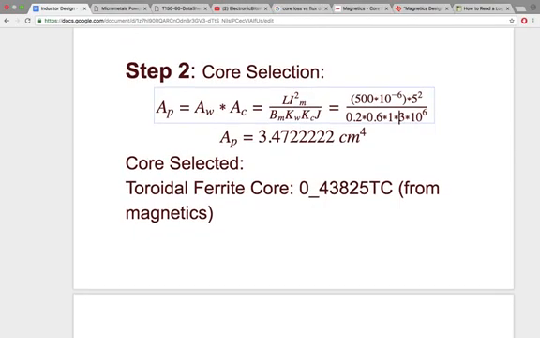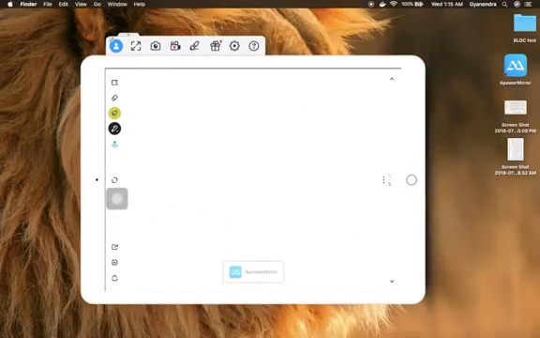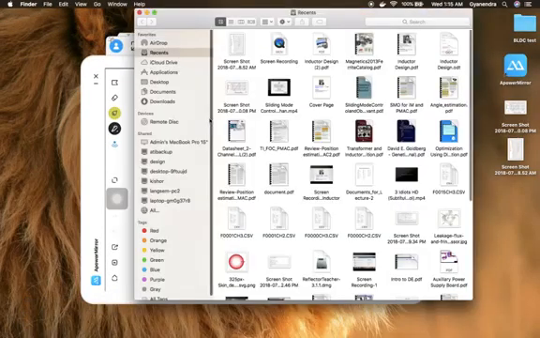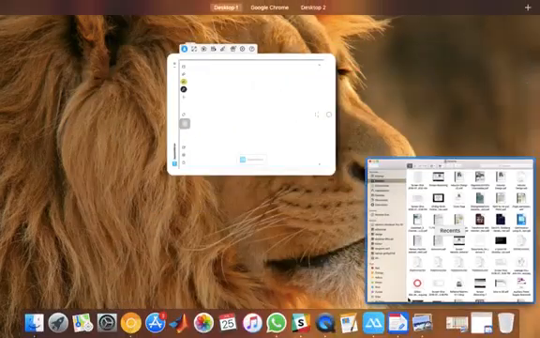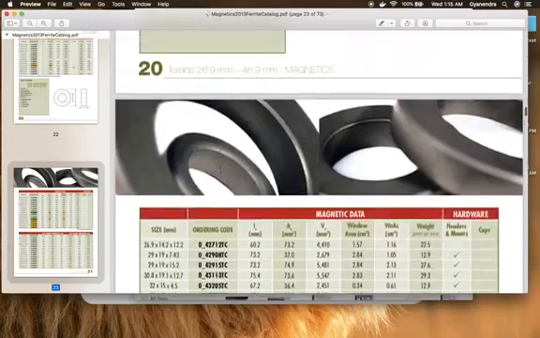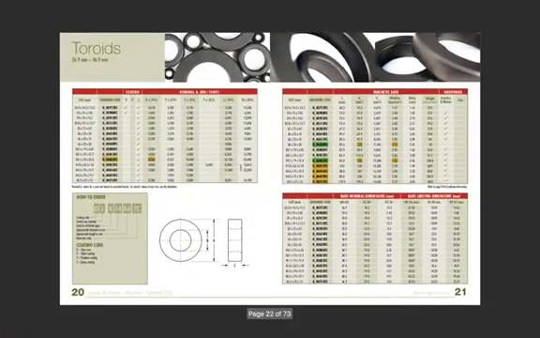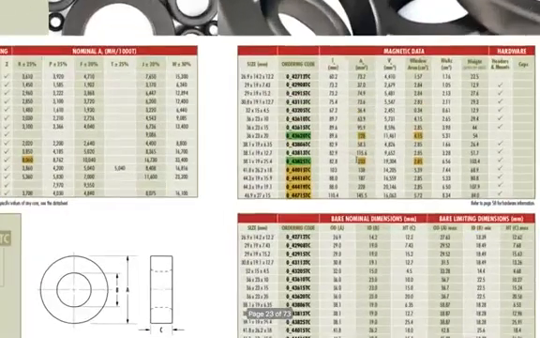Okay, so now how do we select the core? As I told, we need a toroidal core. So this is a catalog I have downloaded from the Magnetics website. Let me zoom in here.